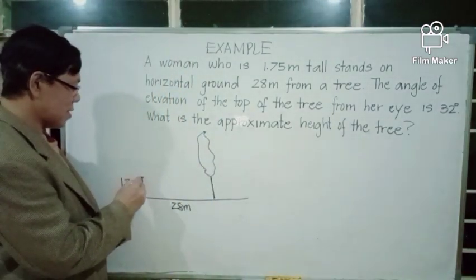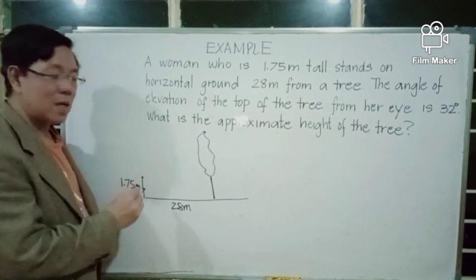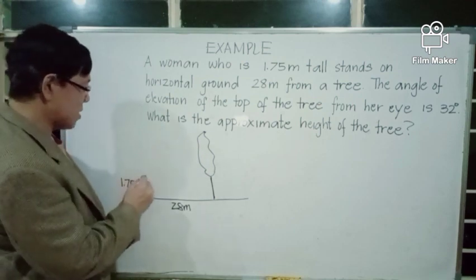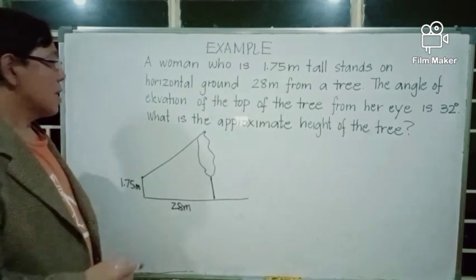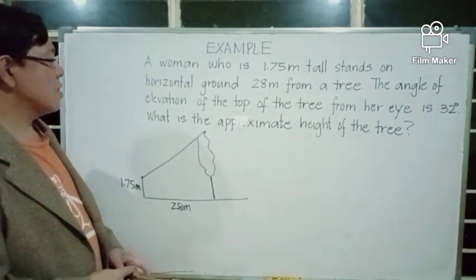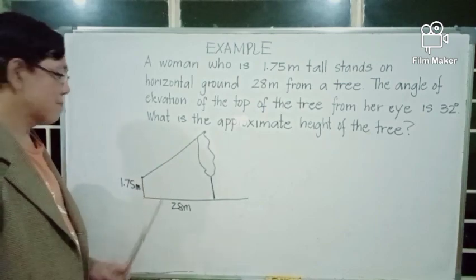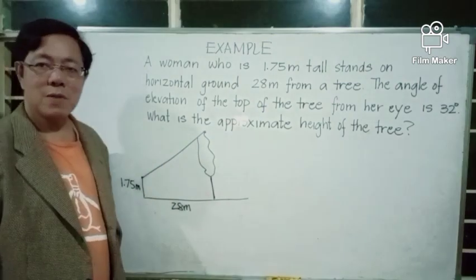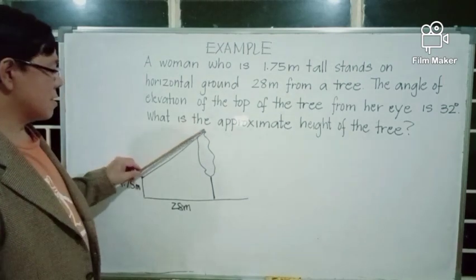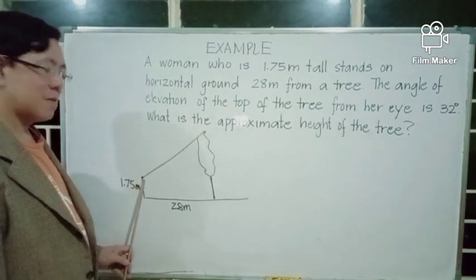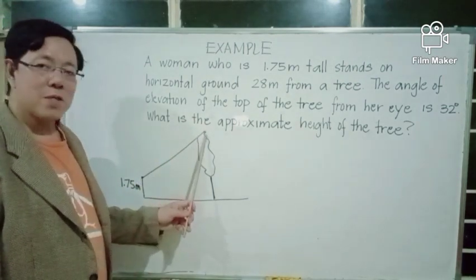We take this point as the eye of the woman looking at the top of the tree. Hence, this is the line of sight of the woman from her eye to the top of the tree.